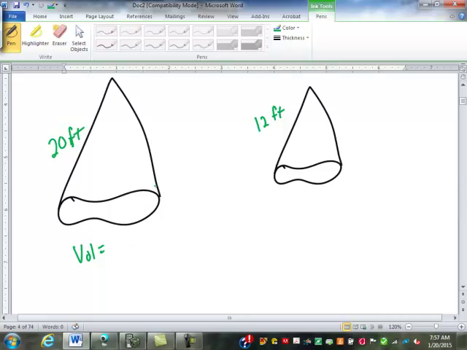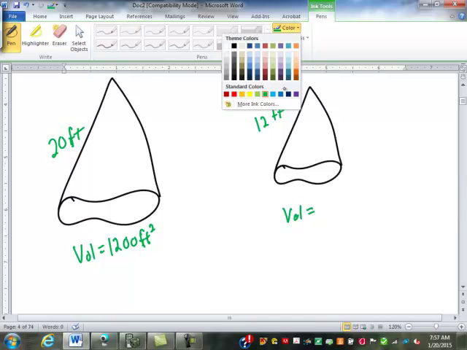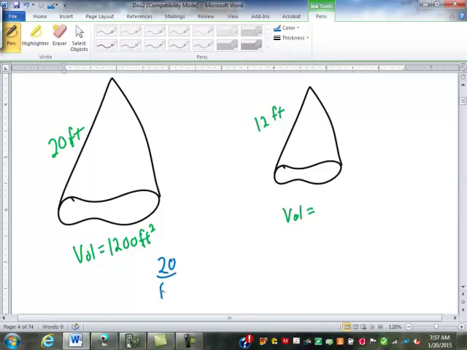This one had a volume of 1,200 cubic feet. I want to know the volume of this one. Now my ratio of lengths is 20 to 12. I can divide by 4 to get a 5 to 3 ratio.